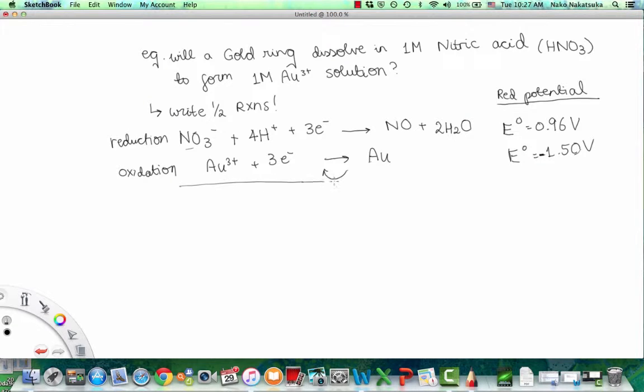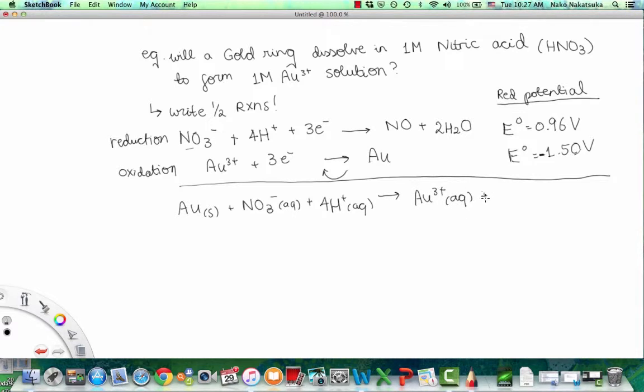So from here we get an overall reaction of solid gold plus aqueous nitrate plus 4H+ going to Au3+, which is aqueous, plus nitric oxide, which is actually a gas, plus 2H2O.